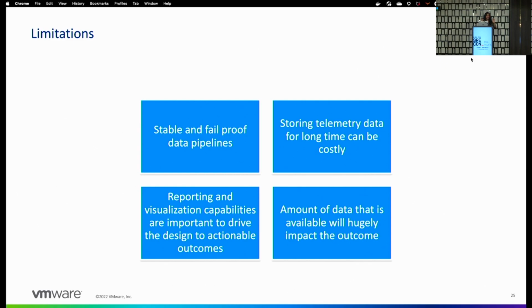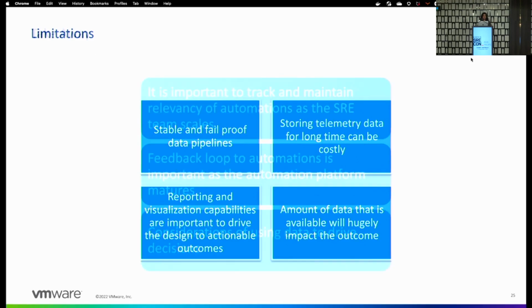So unless we have a really good bar chart or line chart or heat map or anything of that sort, we cannot really think of a way of automating and bringing the lines down or the bar down or anything of that sort. So it is very important to have a really good tool with which we can build reports on these aggregated data that connects to a data lake. And yeah, so these are a few of the limitations.